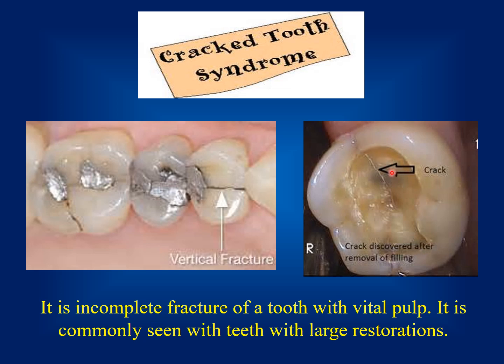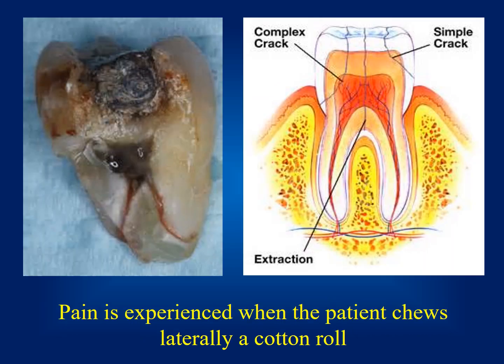We remove the filling and we may see the crack here. Now, it is incomplete fracture of a tooth with vital pulp. It is commonly seen with teeth with large restorations. As we can see here, these cracks in the root.